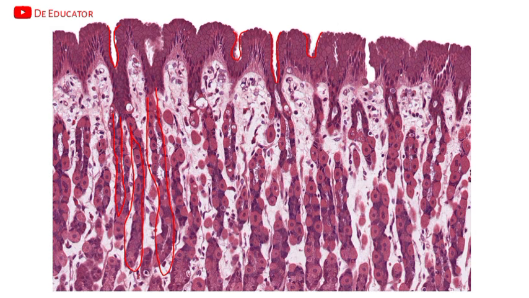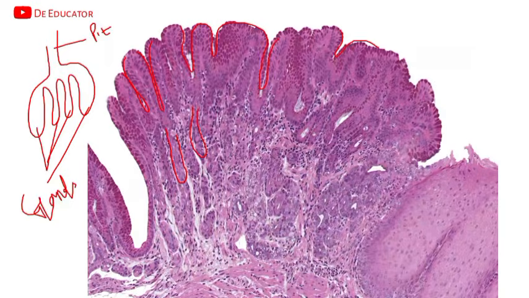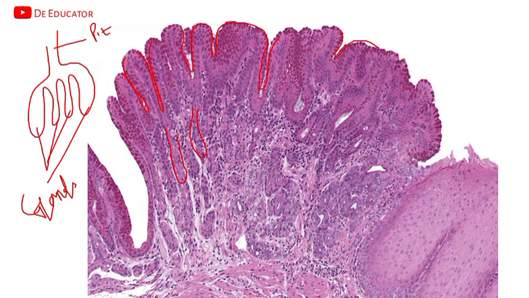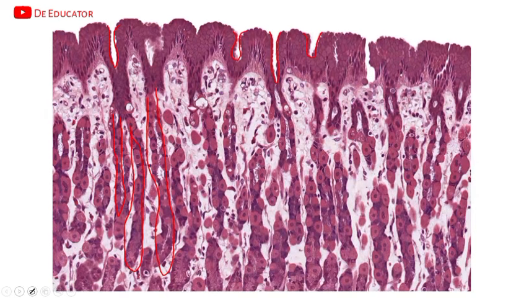For the cardiac, you have the pit and the glands almost equal in size, if not equal. While for the fundus and the body, which is represented here, you have the pit shorter than the glands. The glands here are known as cardiac glands, and the glands here are known as fundic glands, from fundus.